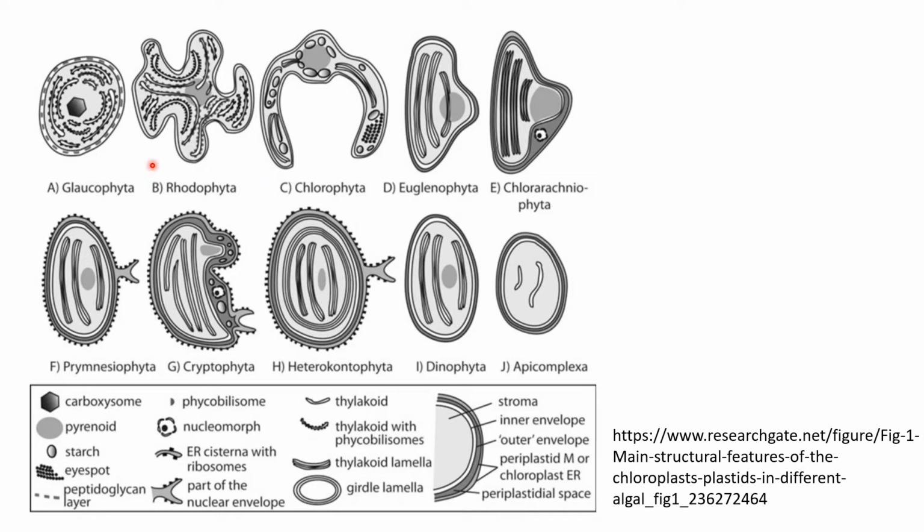Okay? So during endosymbiosis, plastids usually they lost their independence and yung mga genetic material ng plastids ay napunta kay nucleus.